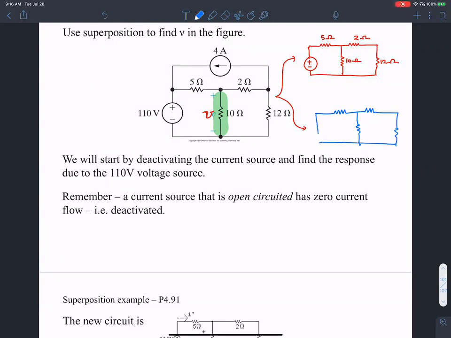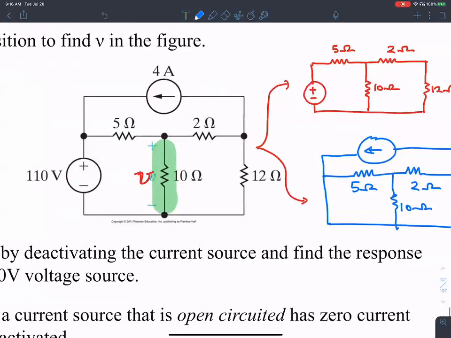How do you deactivate the voltage source? By short circuiting it, but I leave the current source intact. So there is 5 ohms over here, there is 2 ohms, 10 ohms, and 12 ohms. Let me call the voltage in the absence of the current source V dash, and the voltage in the absence of the voltage source V double dash.